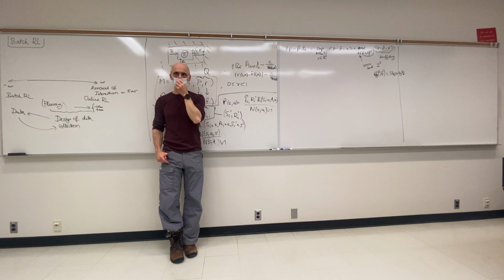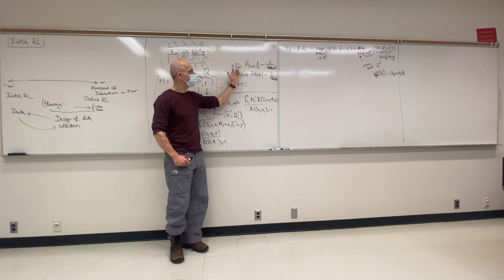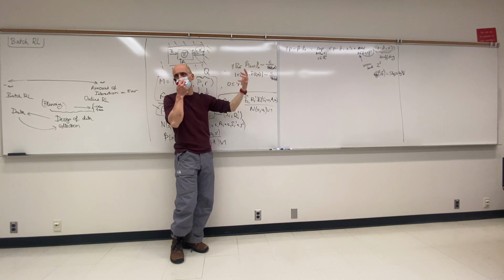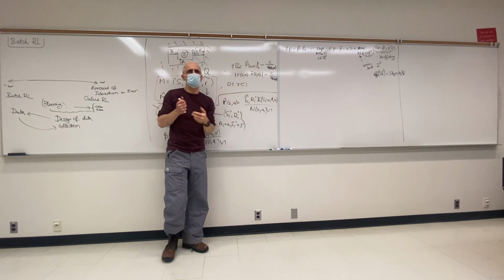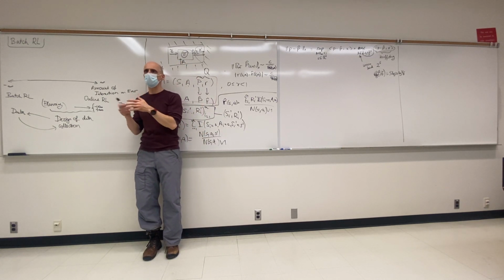And the pessimism comes in when you say, take the MDP that gives the worst value for, let's say, the initial state that I worry about. So you're pessimistic about the choice, but reasonable at the same time, because you're not allowing any transition probabilities, you're only allowing those that come so close.